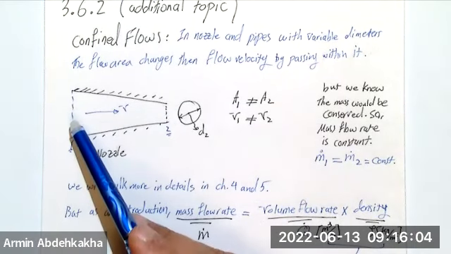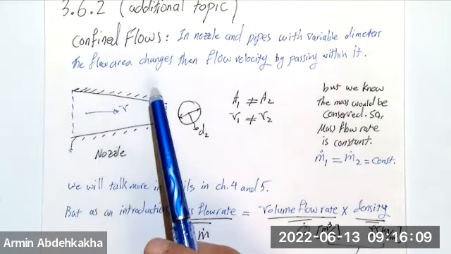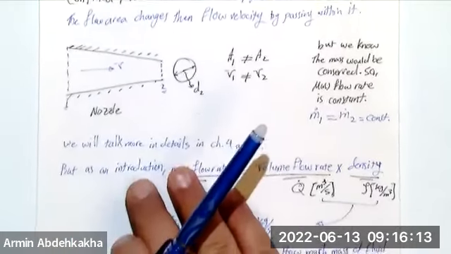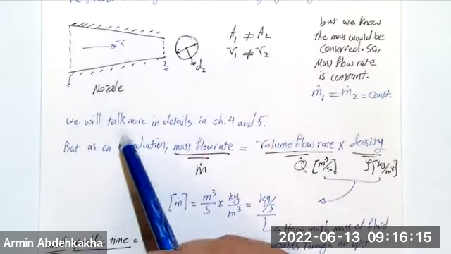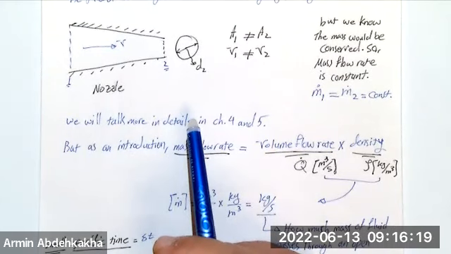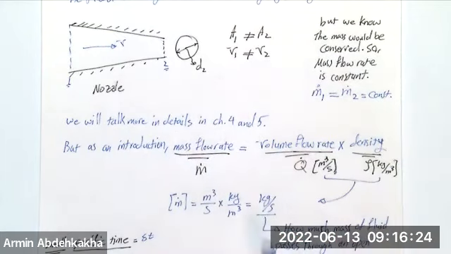Then the m dot, or mass flow rate, that you have at this point should be equal to the mass flow rate of point 2, right? So here we just give you an equation, but we will prove it later in chapter 4 and 5.